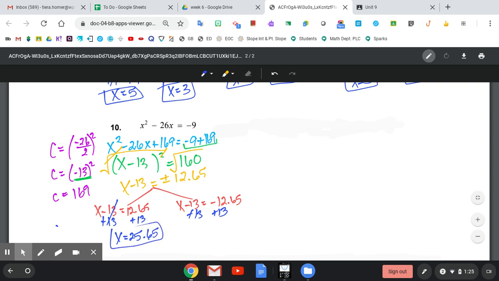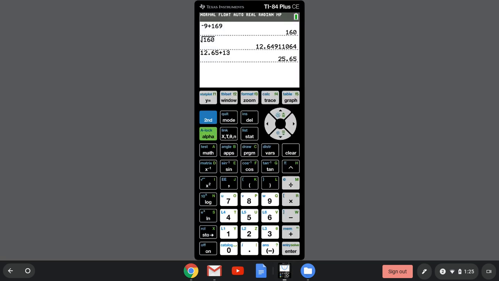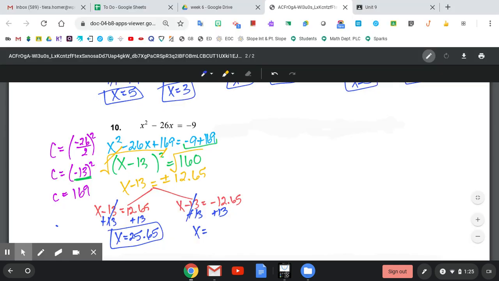So that's one solution. Then over here we get x equals, again we have decimals and then we also have those negatives. So negative 12.65 plus 13 gives us a 0.35. So those would be our two solutions.